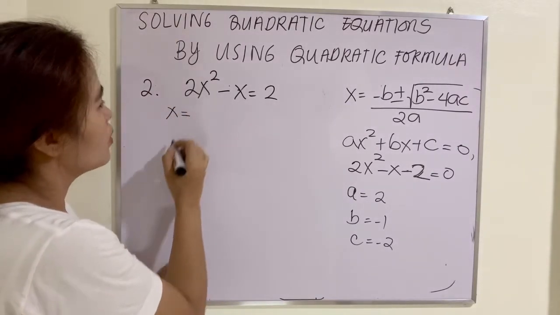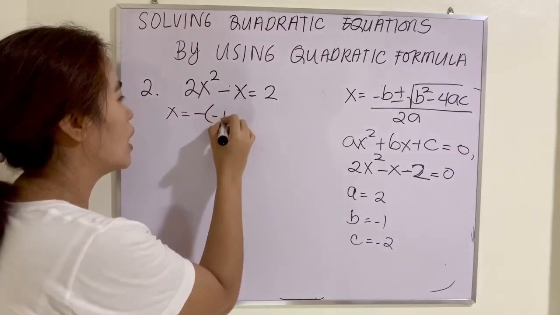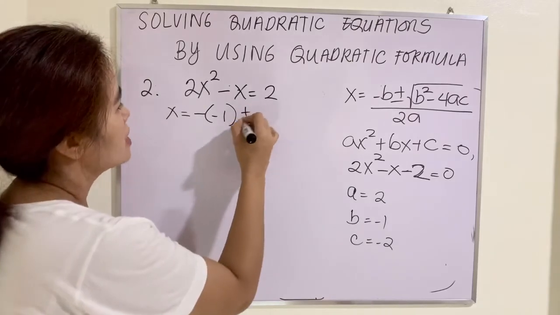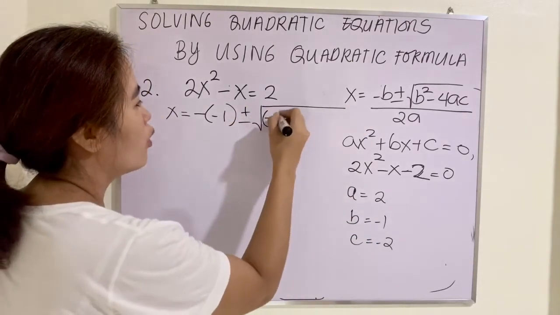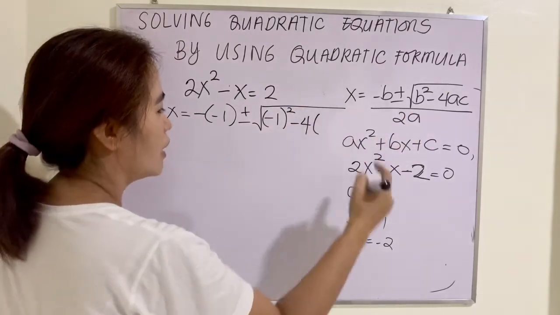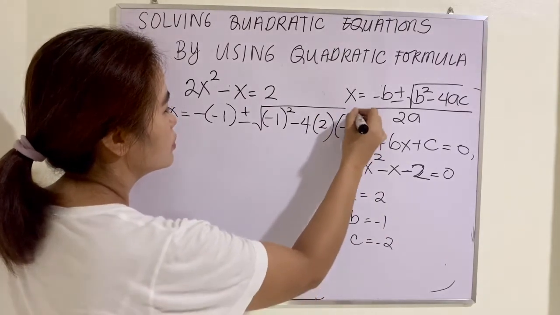This is x equals negative times negative 1, plus and minus the square root of negative 1 squared minus 4 times 2 times negative 2.